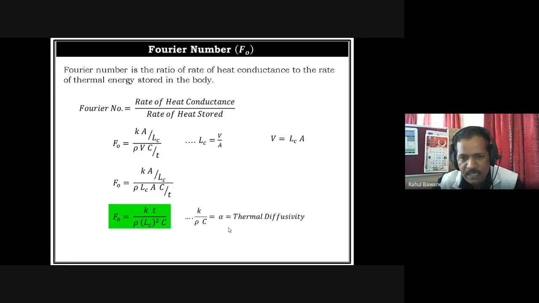Many times in numericals they don't provide separate data for rho, C, K. They directly provide the data of thermal diffusivity. In that case, we can write the Fourier number as alpha t upon Lc square, because K upon rho C becomes alpha.